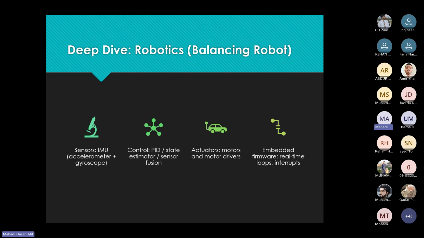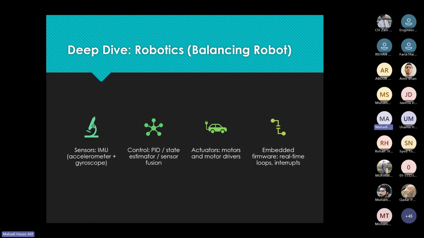After you have this data, the next step is the control algorithm and the control system, without which nothing will work. In this stage, we are using a PID controller, which is a basic one, or sometimes a more advanced one like a state estimator or sensor fusion algorithm, to find out how we can use this sensor data.